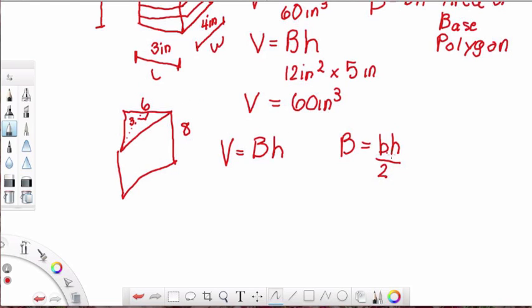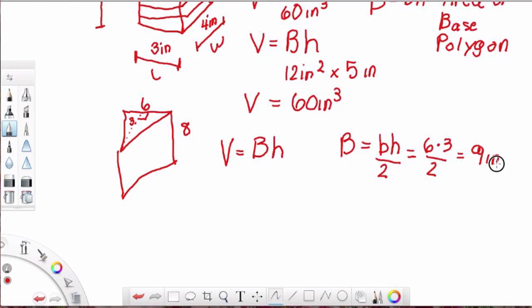And our base is 6. Our height is 3. And we want to divide that by 2. And 6 times 3 is 18. And 18 divided by 2 is 9. Okay?